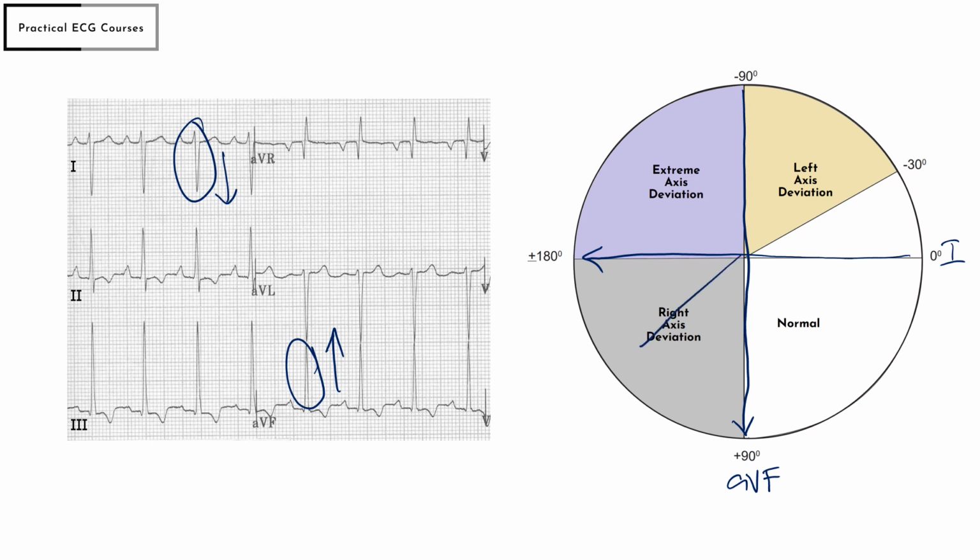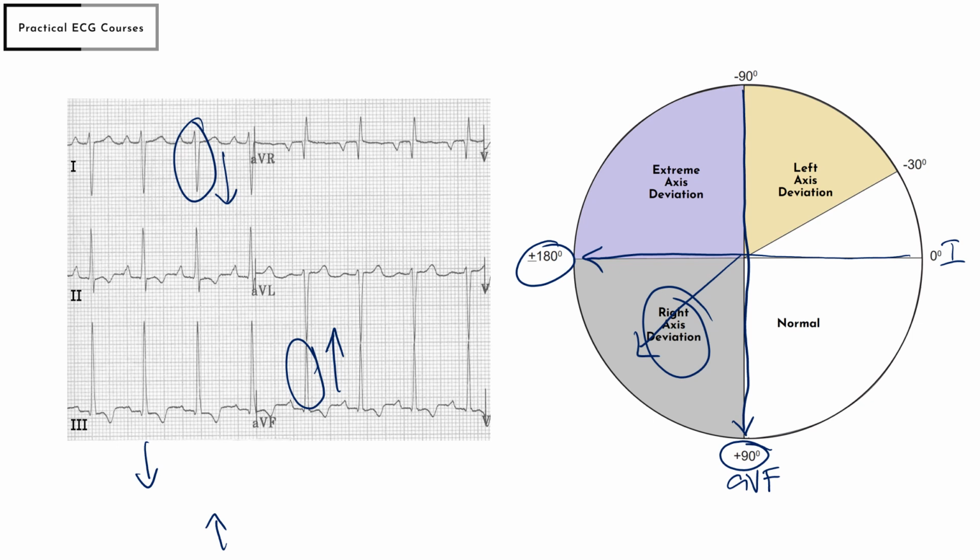So the actual mean vector is somewhere between plus 90 and plus minus 180, which is in the right axis deviation quadrant. So if the vector is predominantly negative in 1 and predominantly positive in AVF, this is right axis deviation.